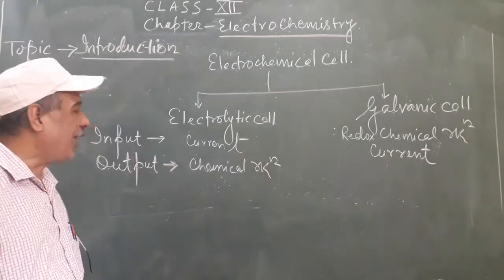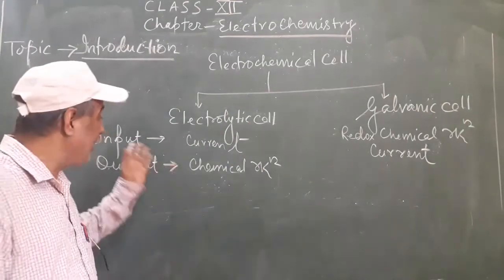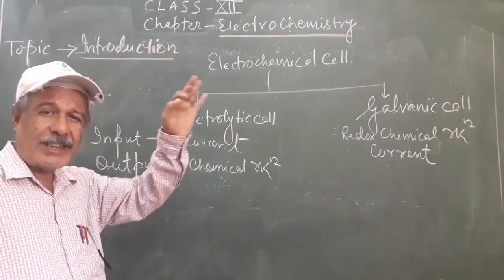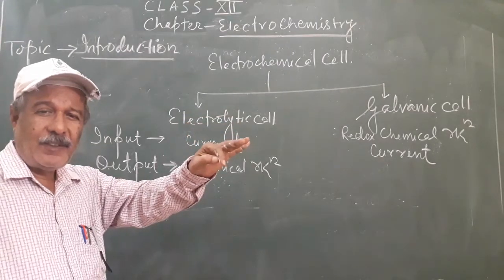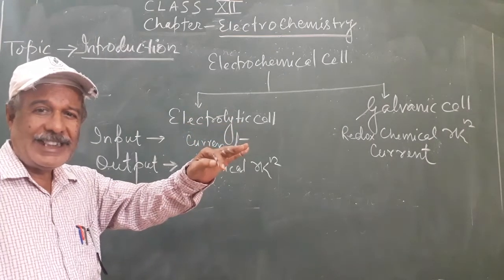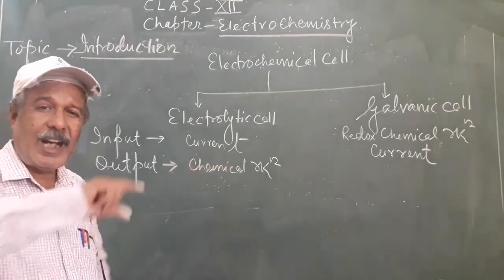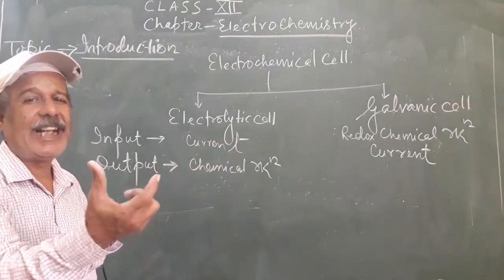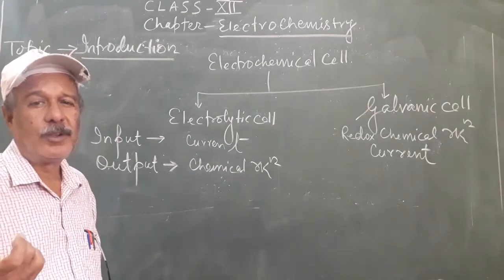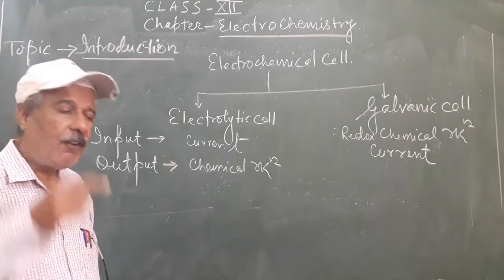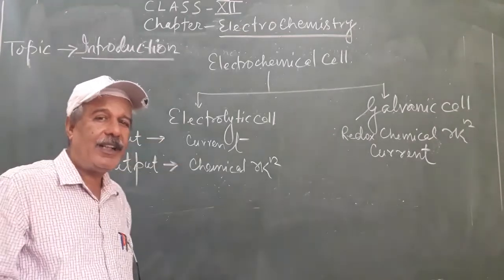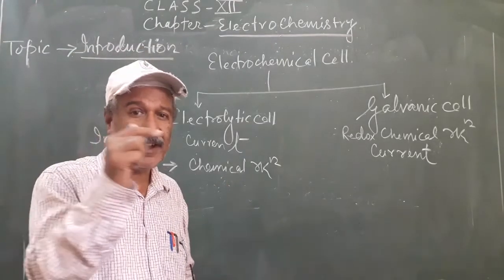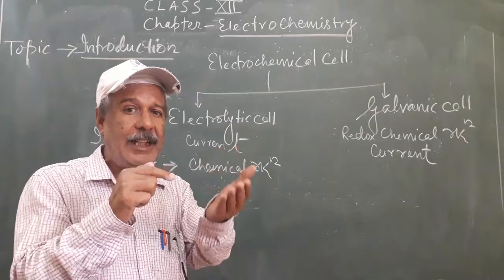Correct? After that, and I think input and output, they are very clearly known to you. When something is given, which is the cause, it is input. And when after giving input something is gained, that is known as output. As for example, when electric current is given and bulb gives us light, so input is electric current and output is light.